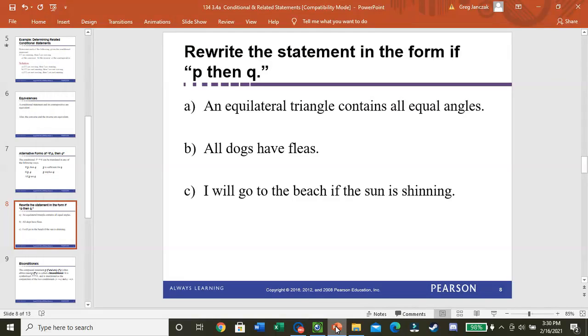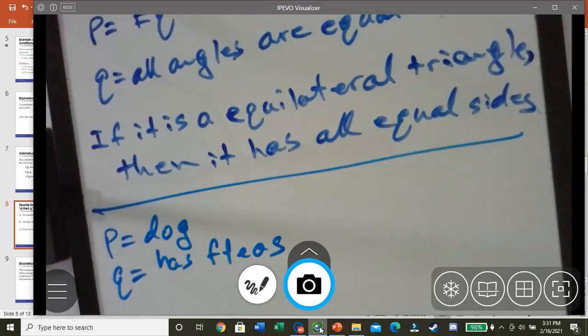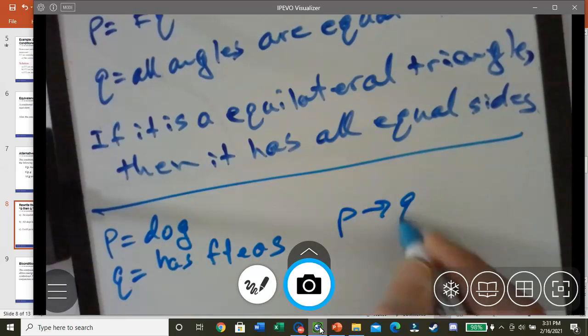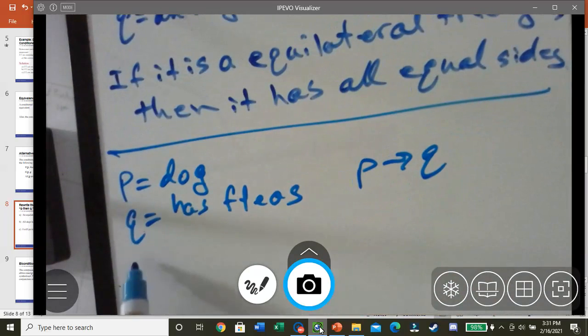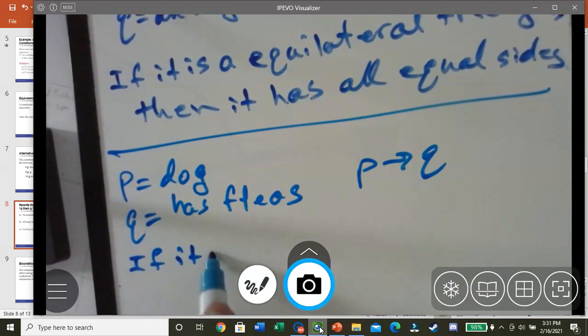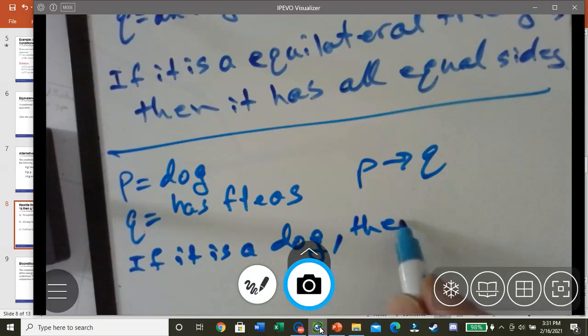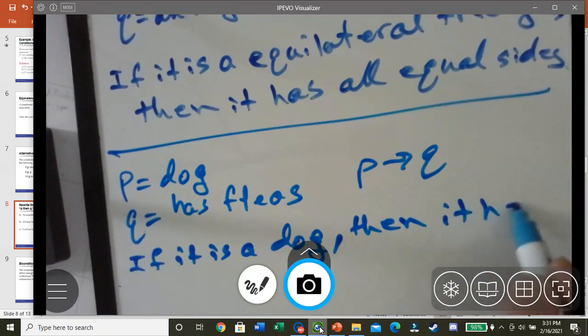Okay, so that's how we're taking the if-then to application form. So all dogs have fleas. P would be dog, Q would be has fleas. So we want to make all dogs have fleas into a conditional statement, if P then Q. So we would say if it is a dog, comma, then it has fleas.